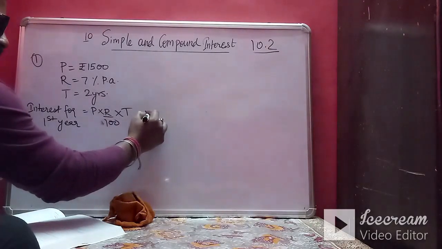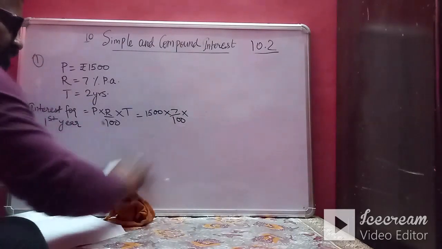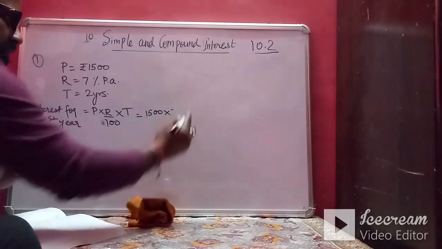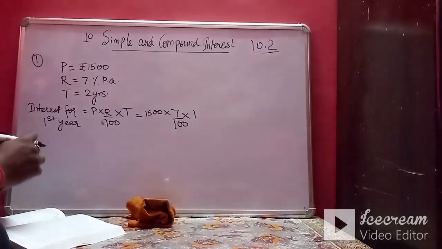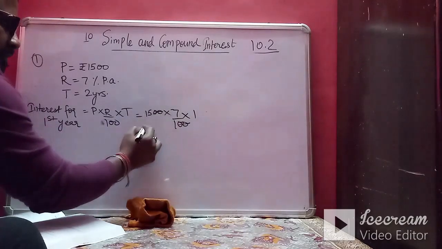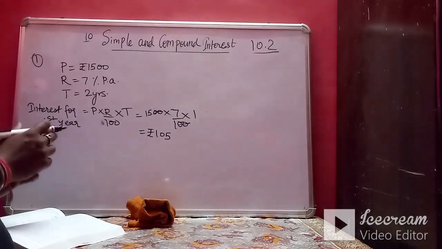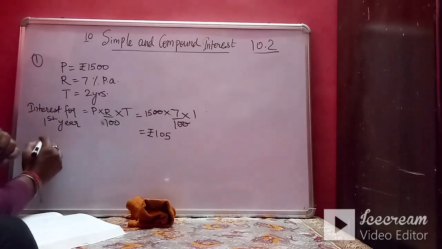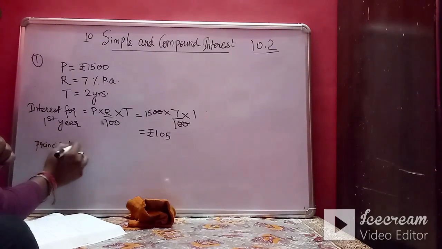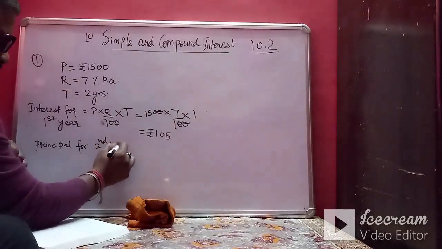P will be 1500, R is 7 upon 100, and time we will take as 1 year. When we calculate, we get rupees 105. So this is the interest which we got for the first year. Now since the time is 2 years, we will calculate the principal for the second year. So what is the principal for the second year?